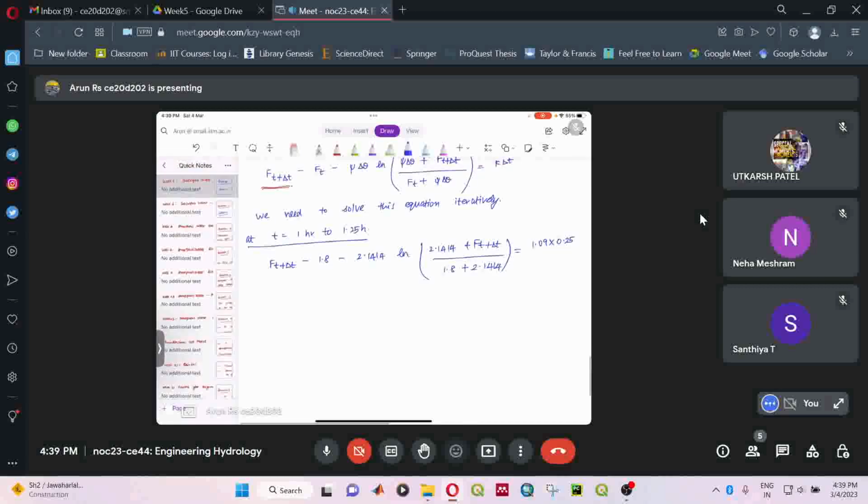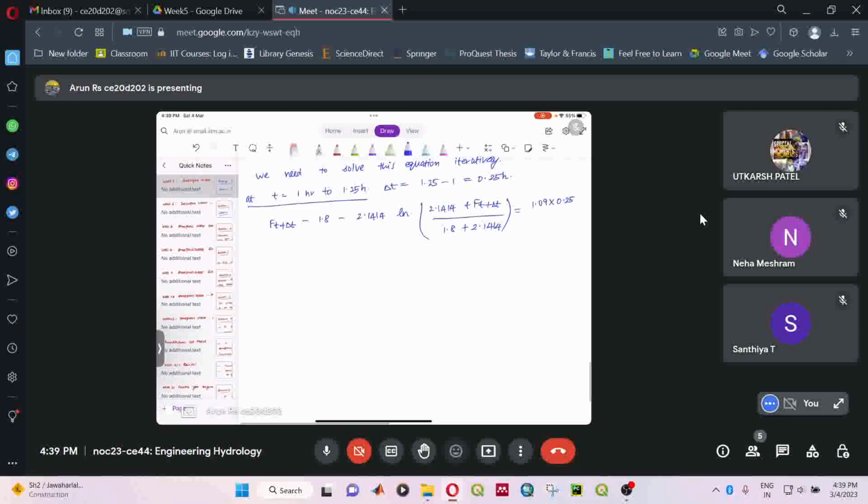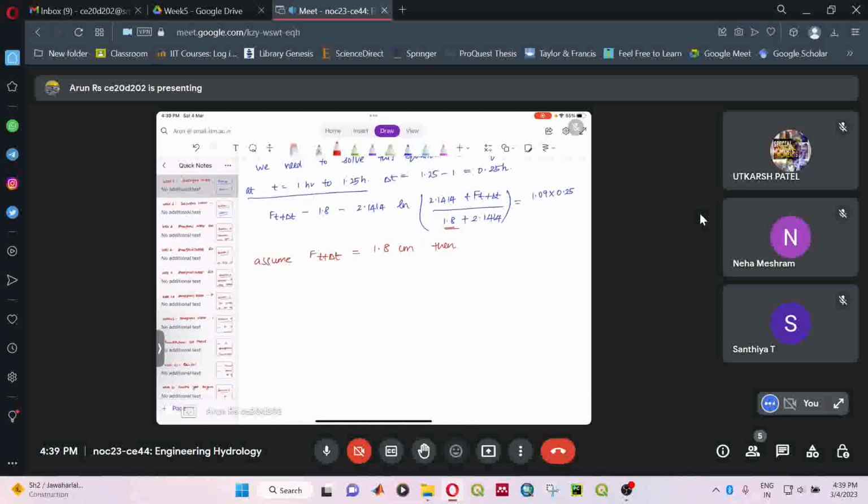Here, delta t is 1.25 minus 1, which is 0.25 hours. We have to assume some value for F at t plus delta t, so I'm going to assume it equal to the previous value itself. Then we need to solve this equation so that the left hand side equals the right hand side. Until then, we keep repeating this step.